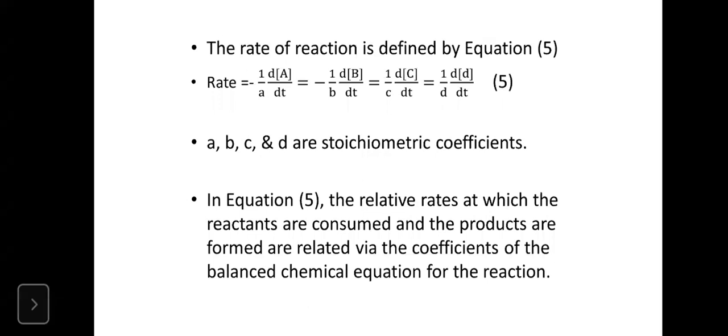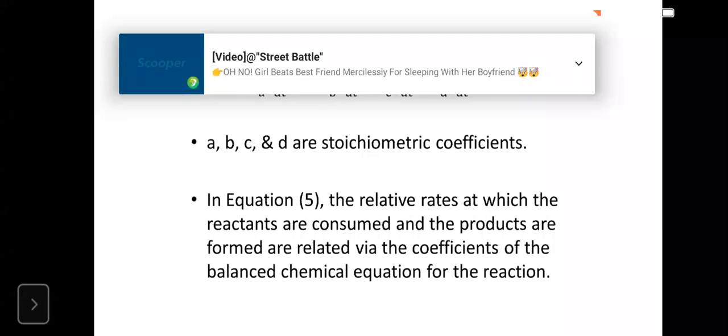That's why I didn't put it, but in this case, the stoichiometric factor is not 1, it's small a, so you divide by small a. B is also a reactant, so you put a negative sign and divide by the molar coefficient. Then C is a product, so you divide by its molar coefficient. The same thing for D.